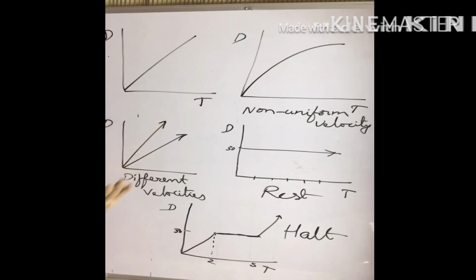These are the distance time graphs, students. The linear graph from the origin shows that the body is moving with uniform velocity.